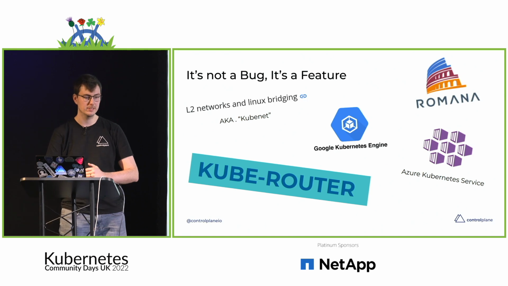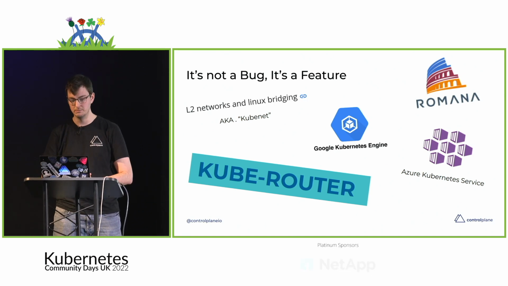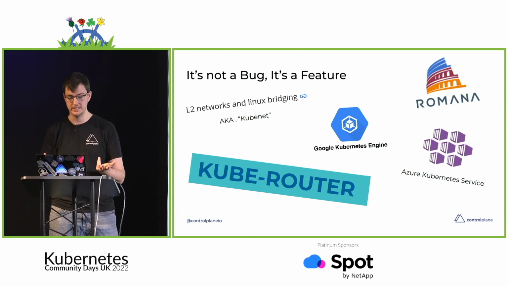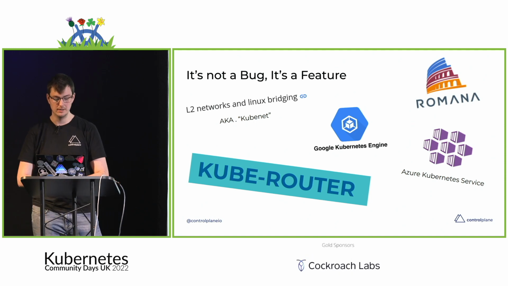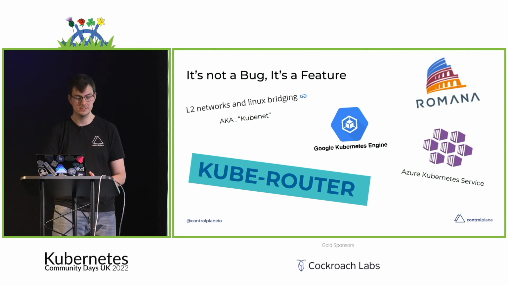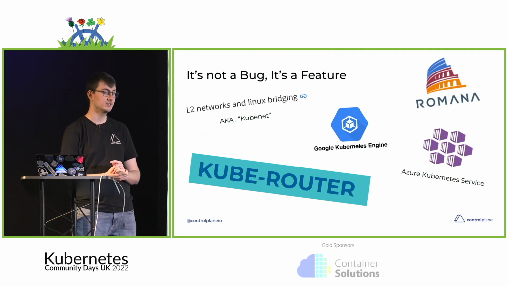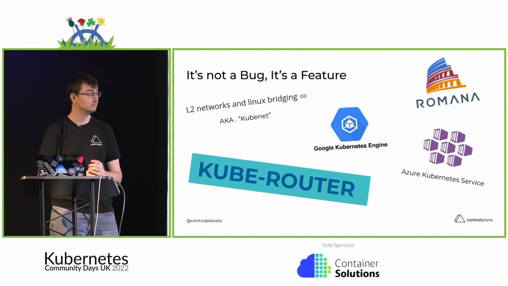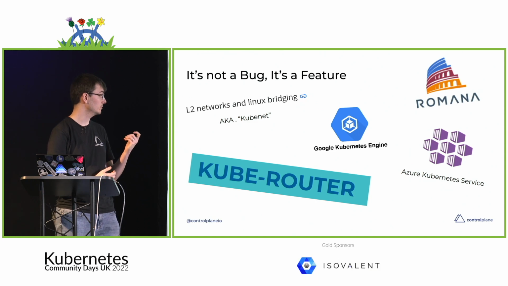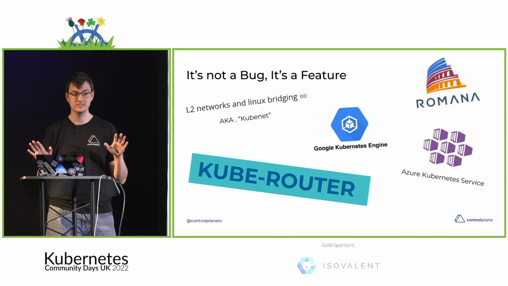There used to be a Kubernetes mode called kubenet, which essentially was this functionality. It's not really used these days. Other CNIs like Calico have a mode where you can route some stuff over layer 2 and some stuff over overlay. Some of the providers here, Kube-router is essentially just this.